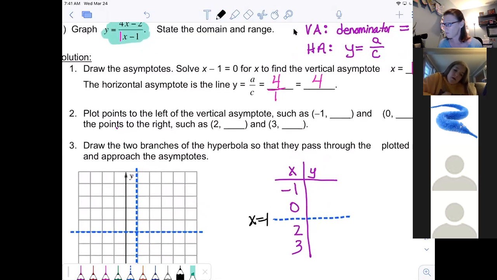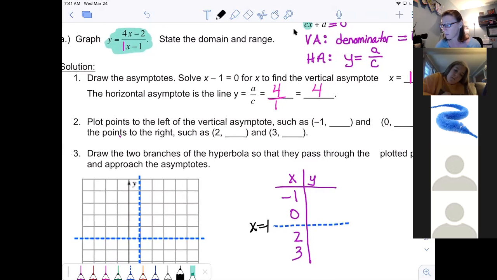So looking at 4x minus 2 over x minus 1. So you're plugging in a -1. If you need to do a little side work, okay. Do it mentally, awesome. But that gives me a -6 divided by a -2, which is a +3.